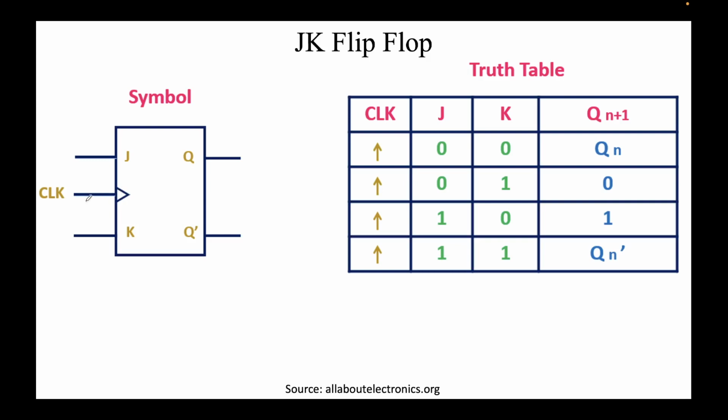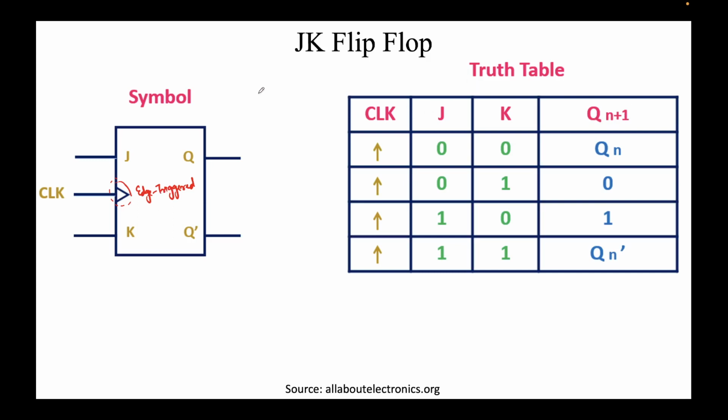You see the clock coming in as an input, and you see this edge symbol, which denotes edge triggered. It means the future state of Q, Qn plus 1, will only change at the edge of a clock.